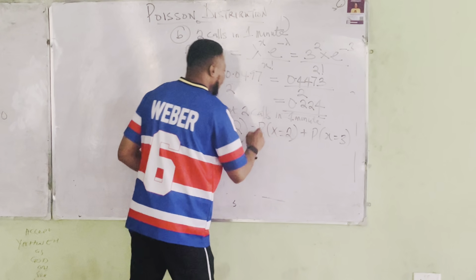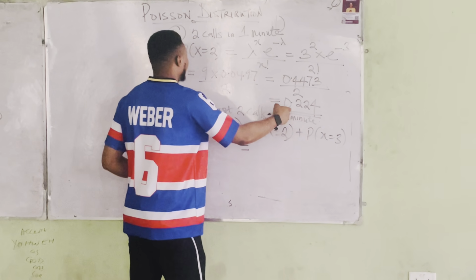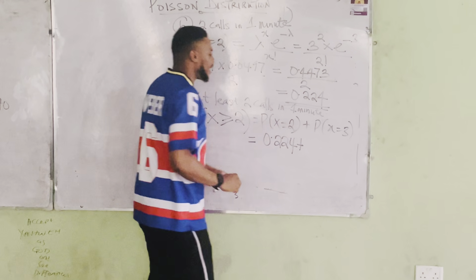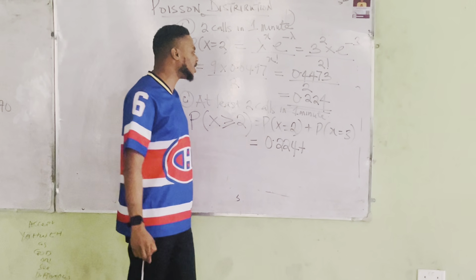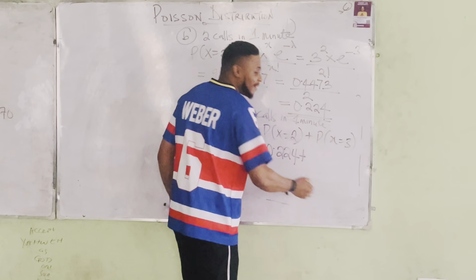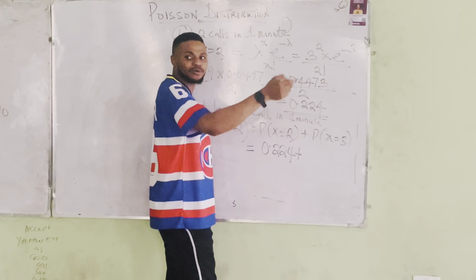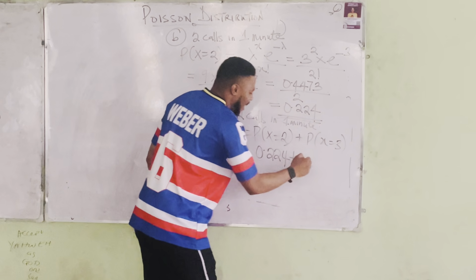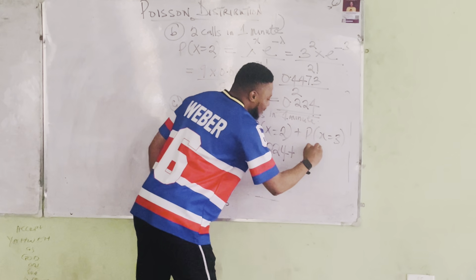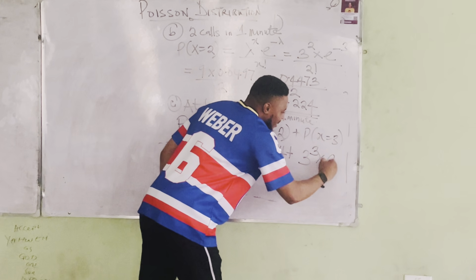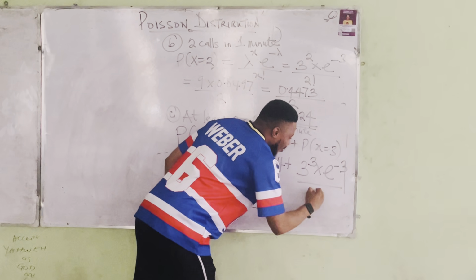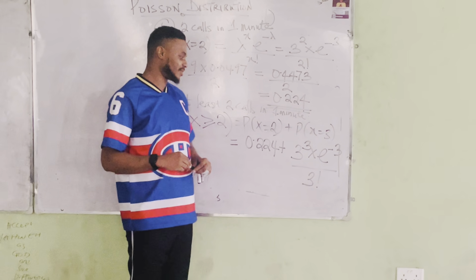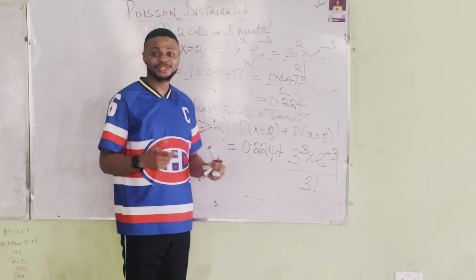So this will simply be probability of x equal to 2, which gives us 0.224, plus probability of x equal to 3, which we will now solve. Remember, our formula is lambda raised to power x times e raised to power minus lambda, over x factorial. Our lambda remains 3, x is 3, so it is 3 raised to power 3 times e raised to power minus 3, all over 3 factorial. 3 is everywhere, just a coincidence.